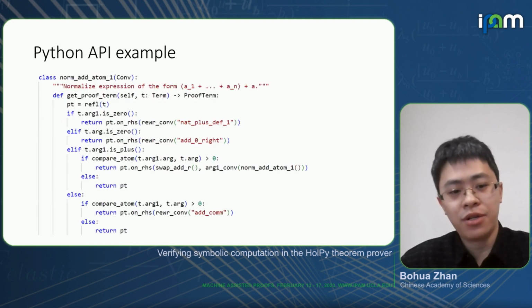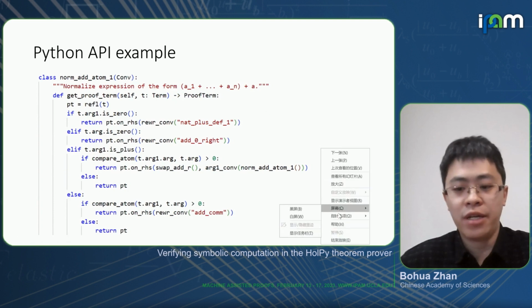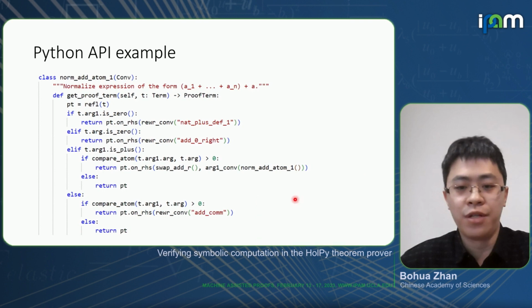This shows a brief example of what it looks like to write proof automation using this Python API. The example shown here is implementing a conversion, which is a procedure for rewriting terms. The purpose of the rewriting is to normalize an expression that consists of additions.